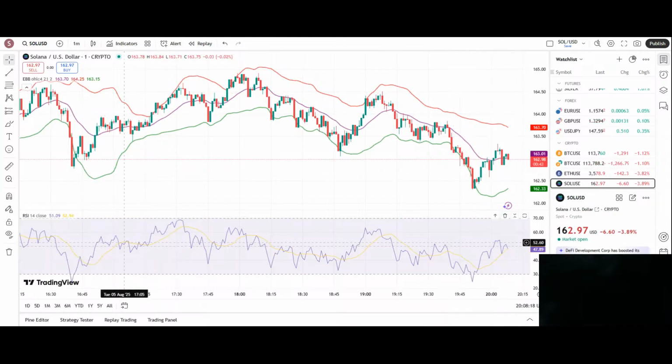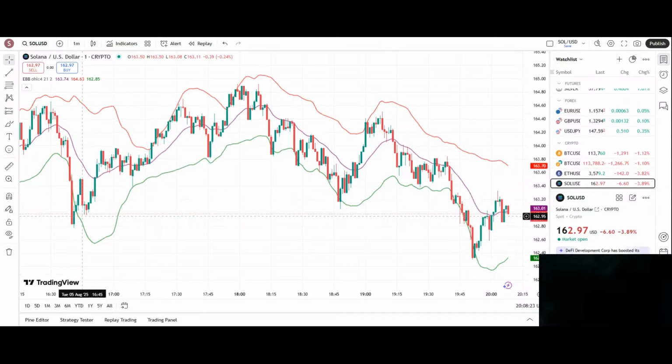Where's my relative strength index with Bollinger Bands? Because that one I really like.